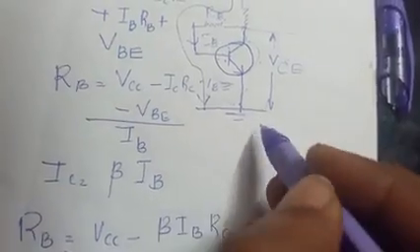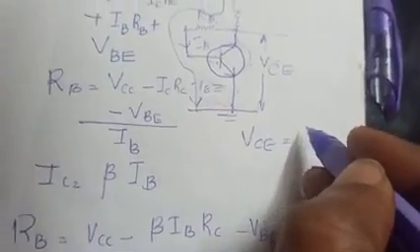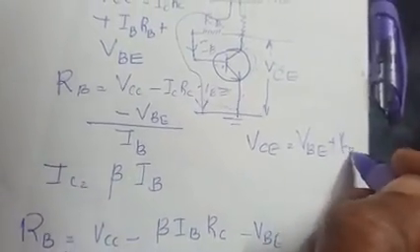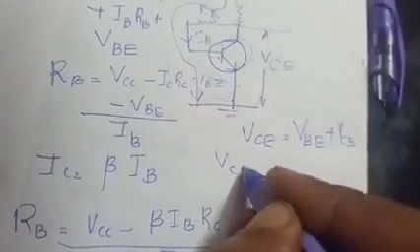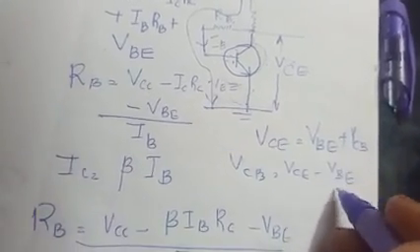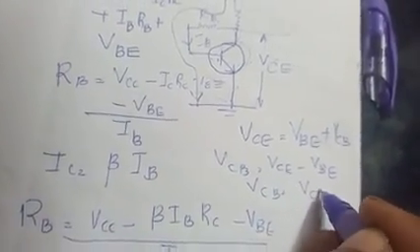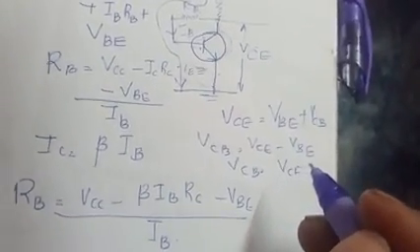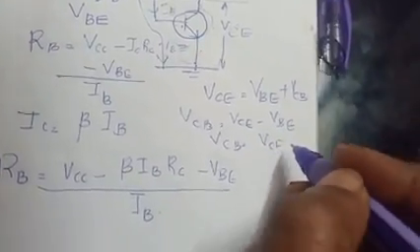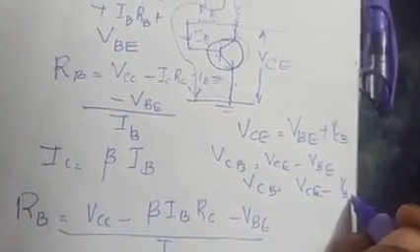That means VCE, the collector emitter voltage, is supplying the necessary biasing voltage. So VBE plus VCB; we can write VCB as VCE minus VBE. Since VBE is very small, VCB is approximately equal to VCE, or VCB is equal to VCE minus VBE.